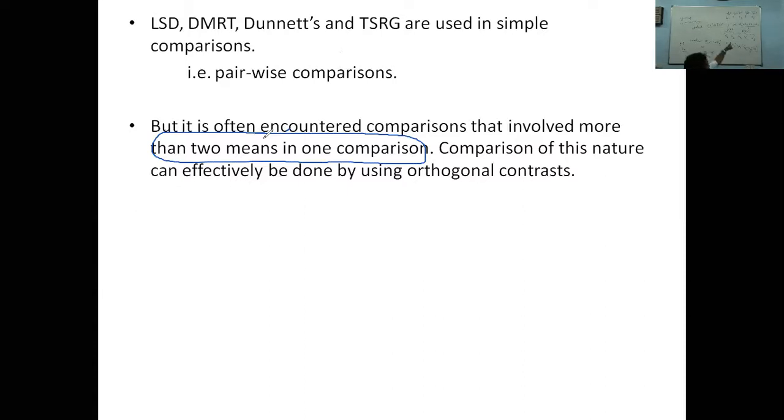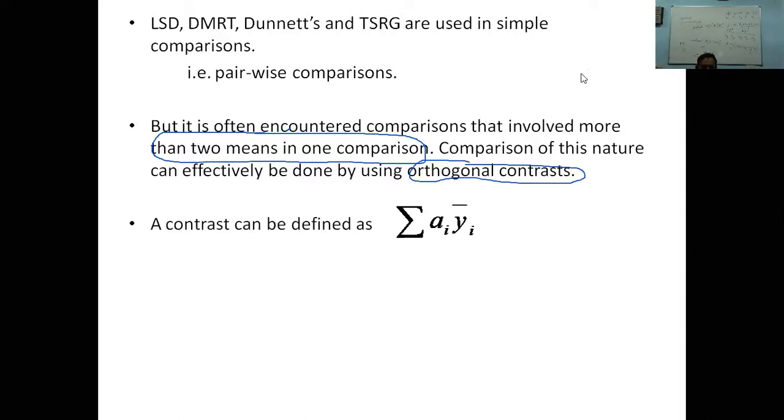So for example, here, the variety or even the fertilizer, it is getting the average of more than two means. So that is why we say comparison of groups. Comparison of this nature can effectively be done using the orthogonal contrast. So we'll have to use orthogonal contrast to come up with the proper mean separation technique.